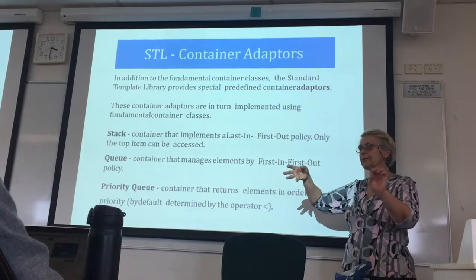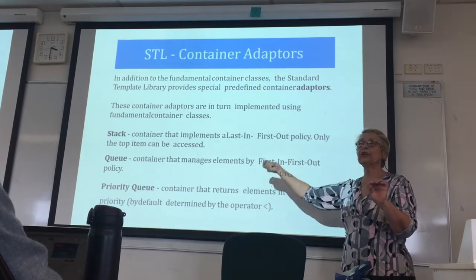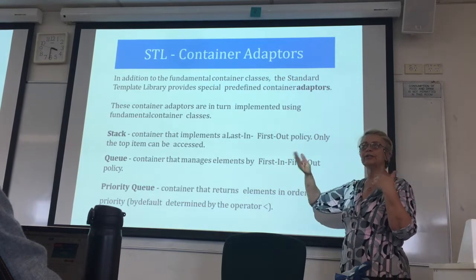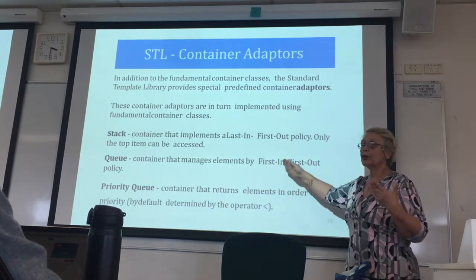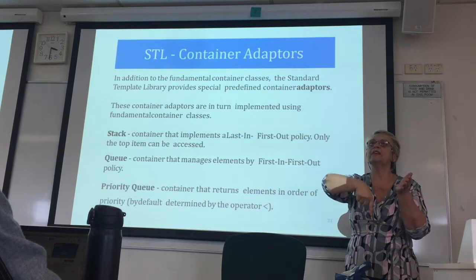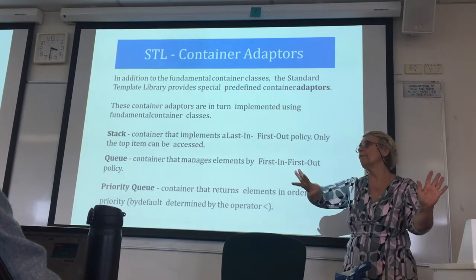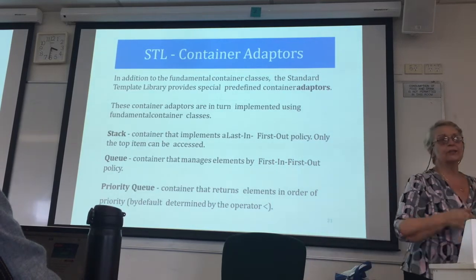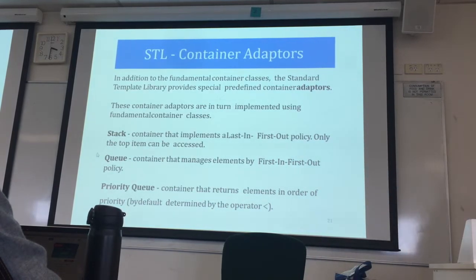Enqueue, which means add to the queue. Dequeue, take out of the queue, two operations. And again, you can check, is the queue empty or not? In a queue, you can't insert an element in the middle of the queue. There is no operation for this. Priority queue arranges elements according to some priorities, some values. Each element has a priority.